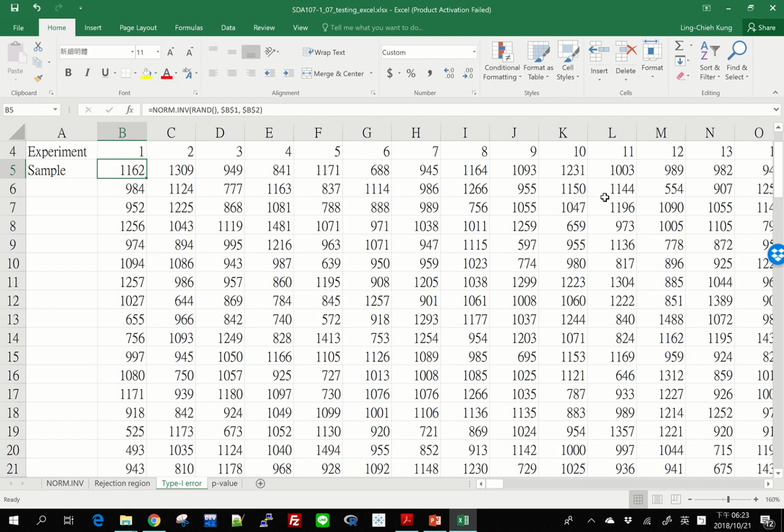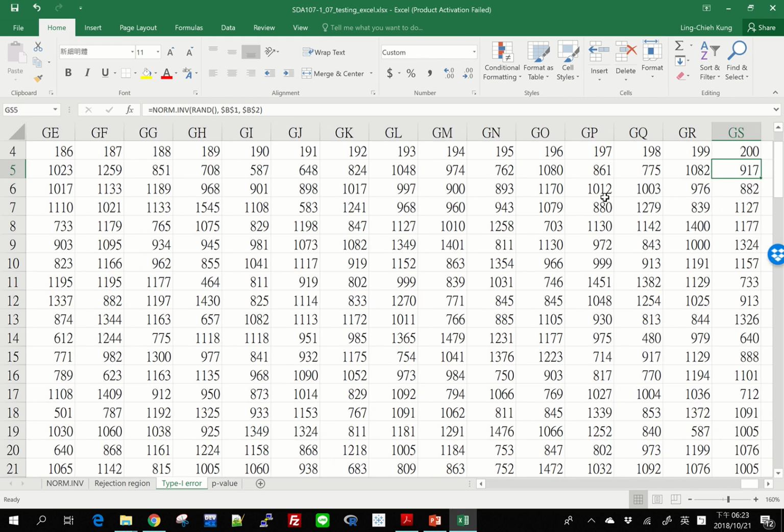So now you may assume that we have a very large normal population, and we select 100 numbers the first day, another 100 numbers the second day, and we do that for 200 days. I do this process repeatedly 200 times.